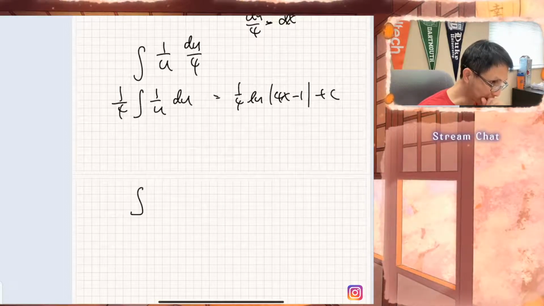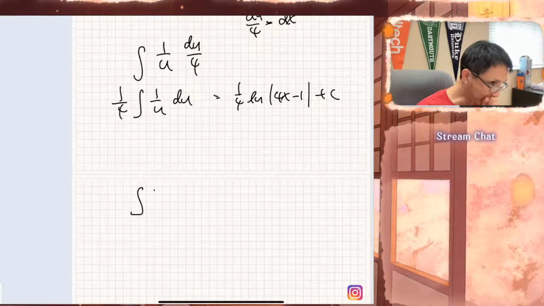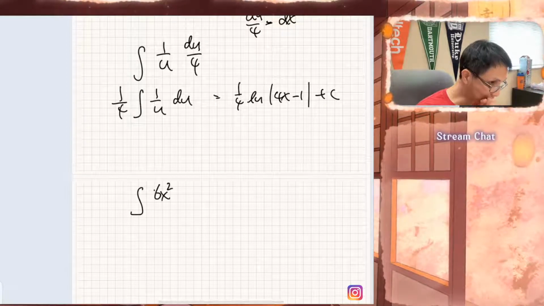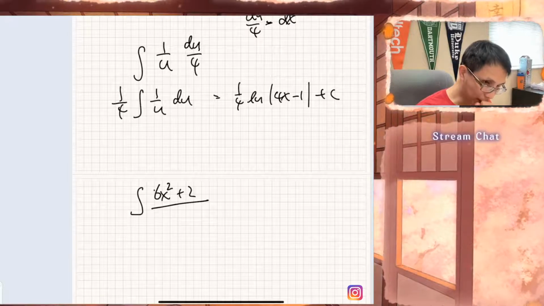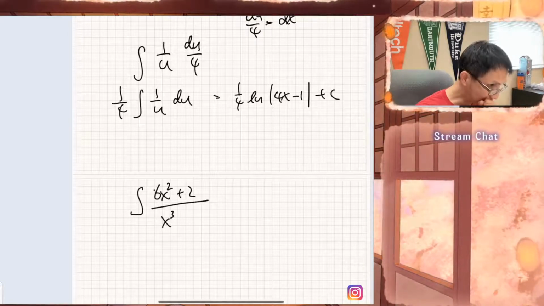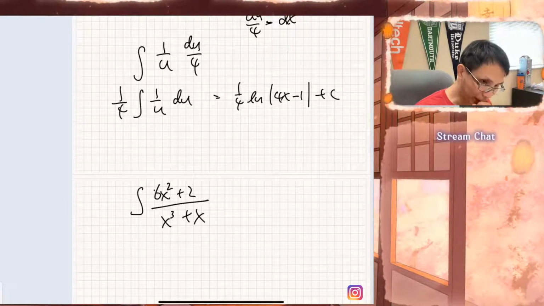How about integration? There are 2 different kinds of questions I'm going to give you here. One is the integral of 6x squared plus 2 over x cubed plus x dx.